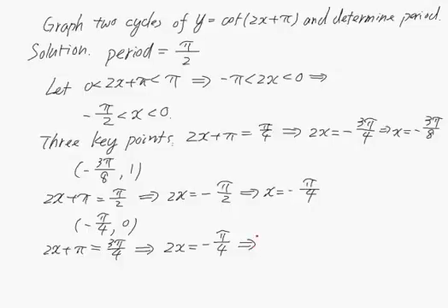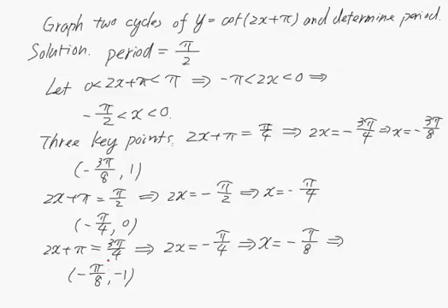Divide both sides by 2, you get x equal to negative pi over 8, right? Then we get another ordered pair, negative pi over 8 and negative 1, because cotangent of 3 pi over 4 is equal to negative 1.